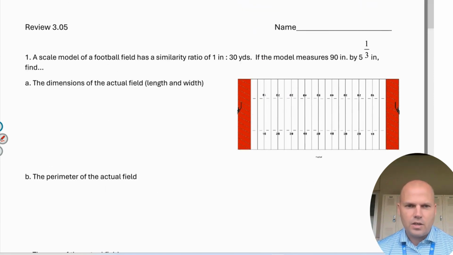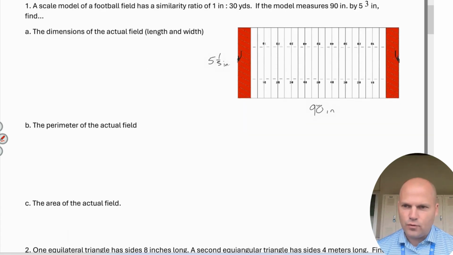We have a smaller football field, a model of a football field that is 5 1/3 inches and 90 inches. And I'm going to create an actual football field, which is going to be bigger.